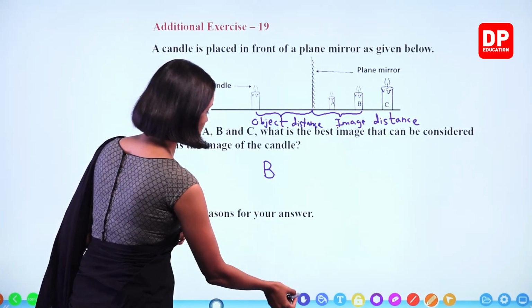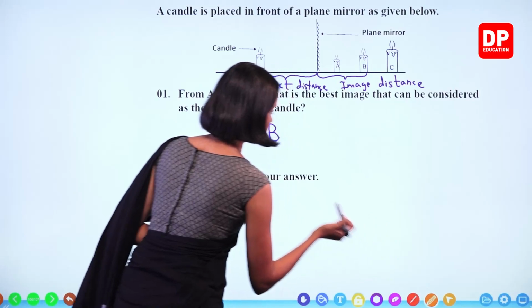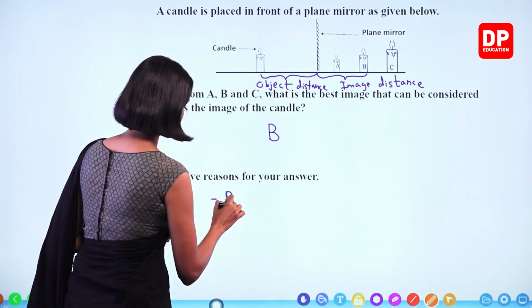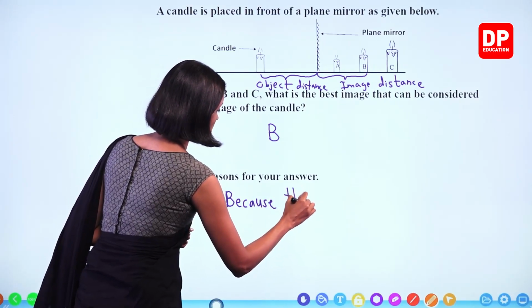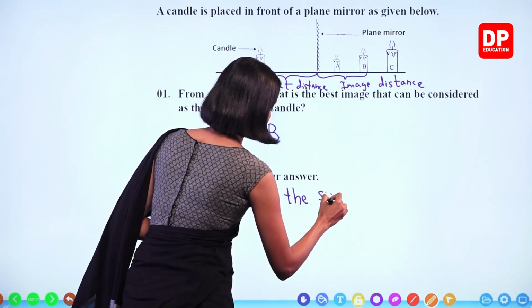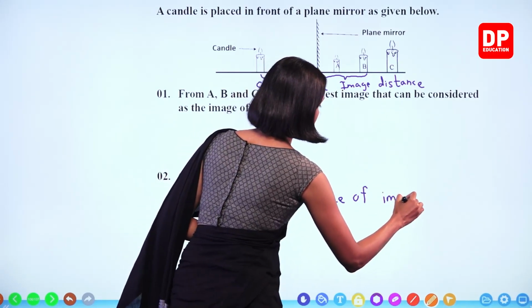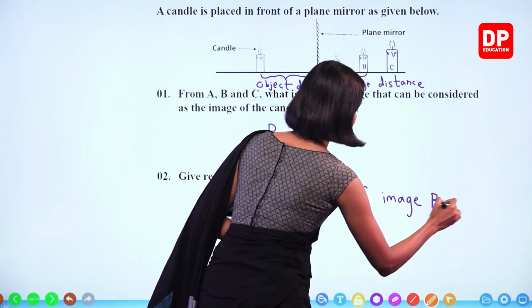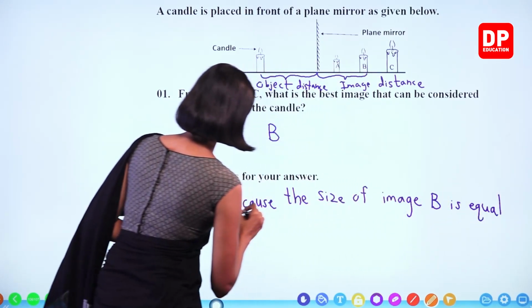Give reasons for your answer. We will write because the size of image B is equal to the object.